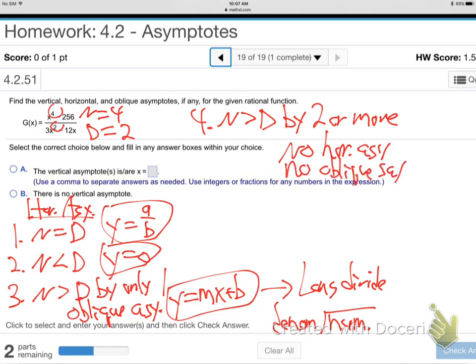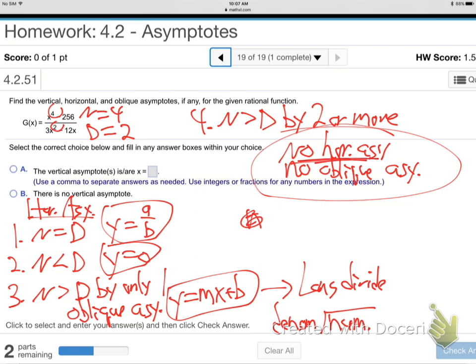There's nothing. There's none at all. If the numerator wins by 2 or more, he just takes over too powerfully. The thing is never going to flatten out. It's not even going to line out. It's going to just rocket up because the top wins so dramatically. That's what we have here. So there's none.